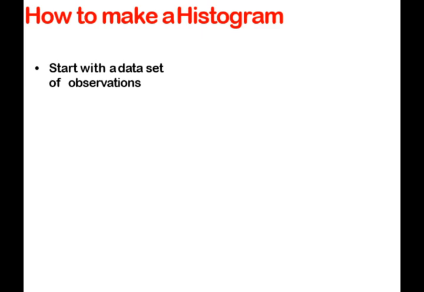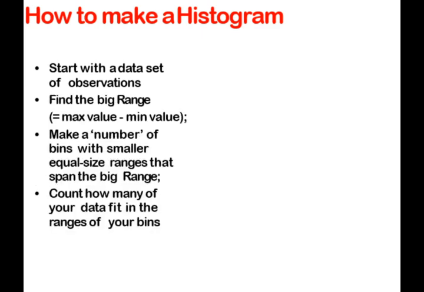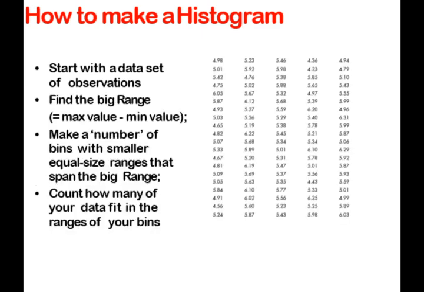So you essentially create a bin that goes from 0 to 10, 10 to 20, 20 to 30, and so on and so forth. And you check how many data points go into the first bin. That will be the frequency of the first bin, and the frequency of the second bin, third bin, and fourth, and 5, and 6, and so on and so forth. And then you just present that frequency on a plot.